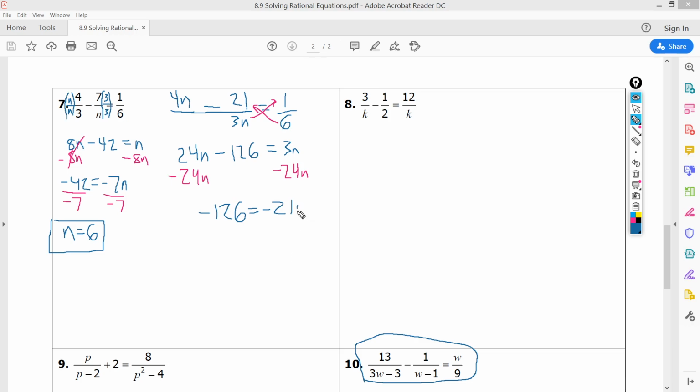Oh wait, where'd my n go? Yeah, there's the n. 126 divided by 21, I get 6. So when I divide both sides by negative 21, I get n equals 6. In this problem, maybe this lowest common denominator method was a little simpler, but in most situations, I think the cross multiplication method's better.